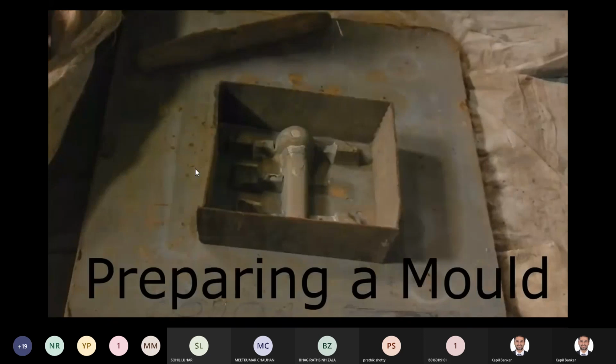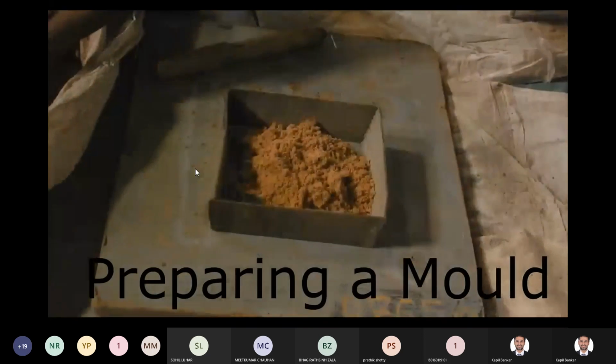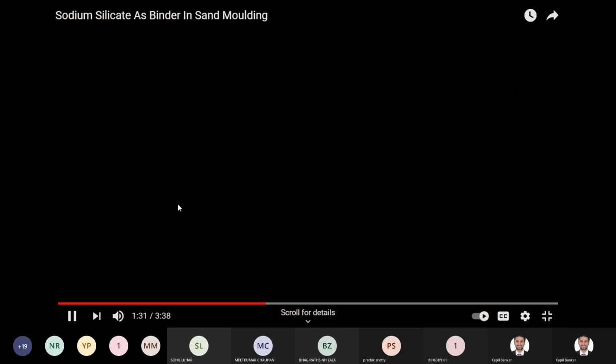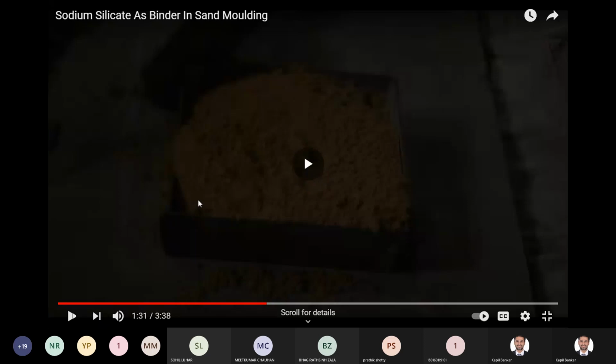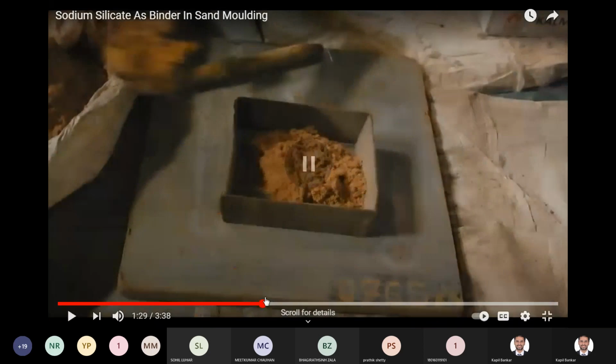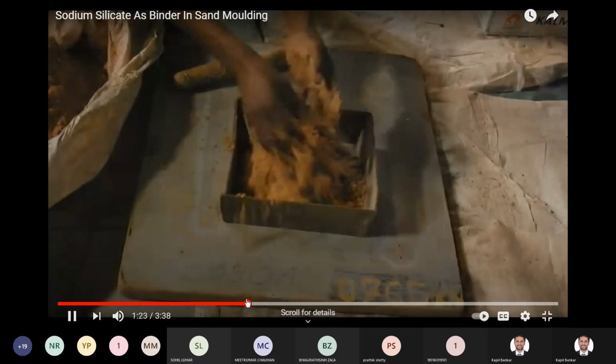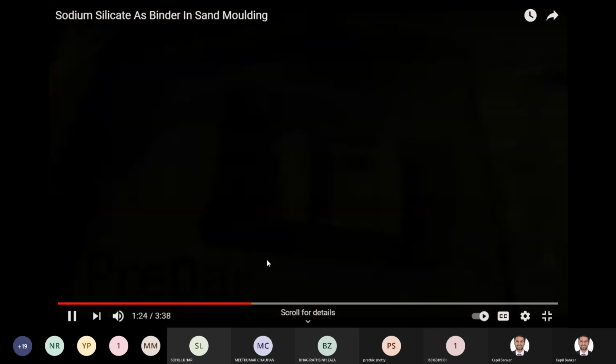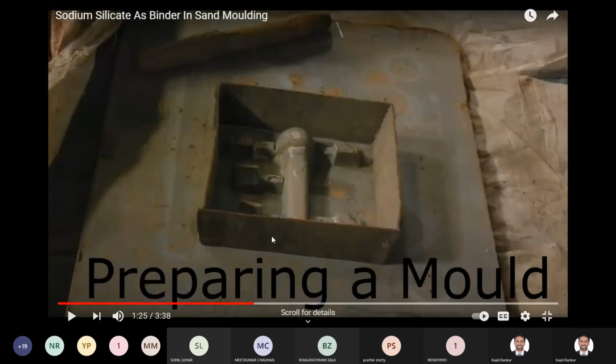Now, to prepare the mold, place your flask.